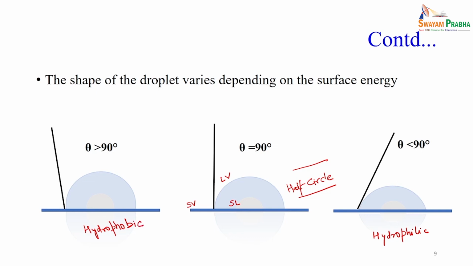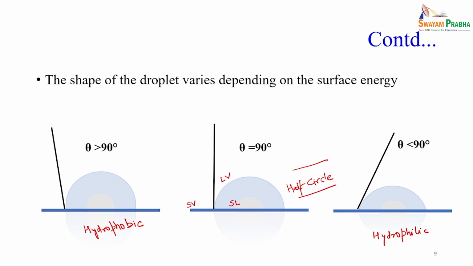So, we see now, although there will be formation of a drop shape, this shape will depend on the individual value of the interfacial tensions. If you can analyze the contact angle, this is a very simple method.